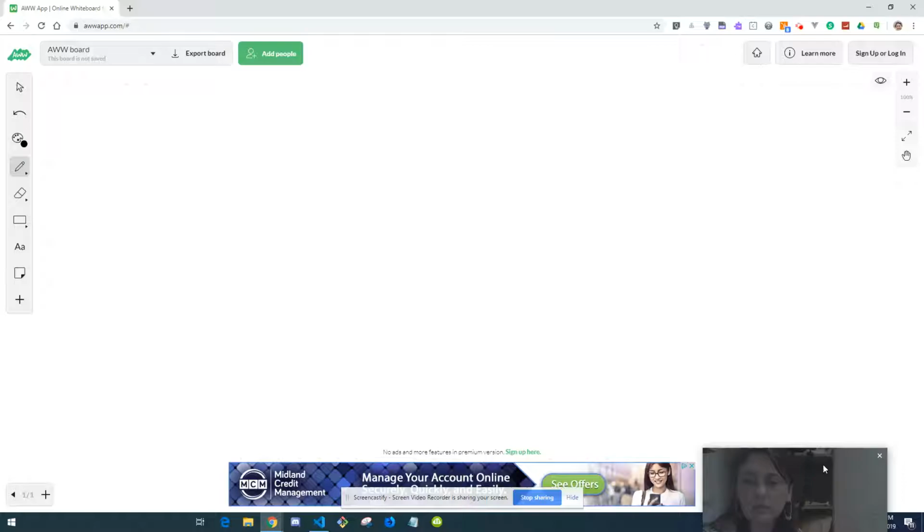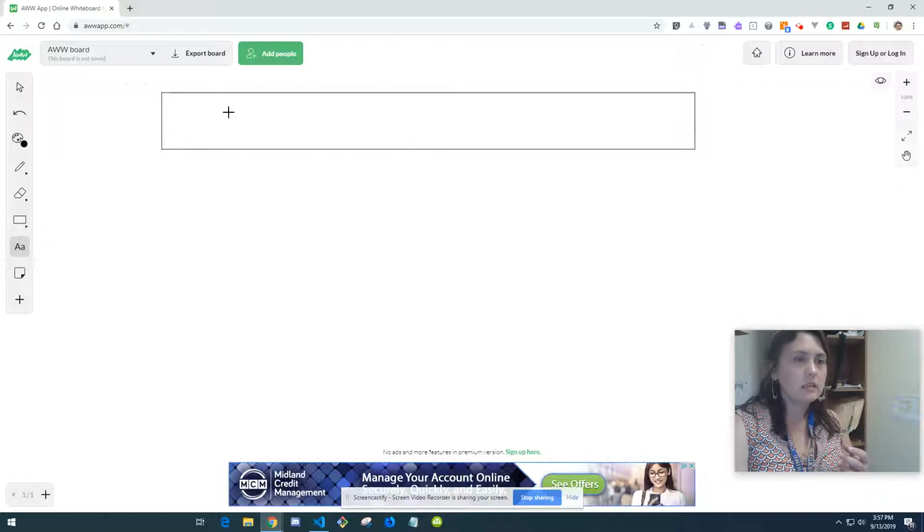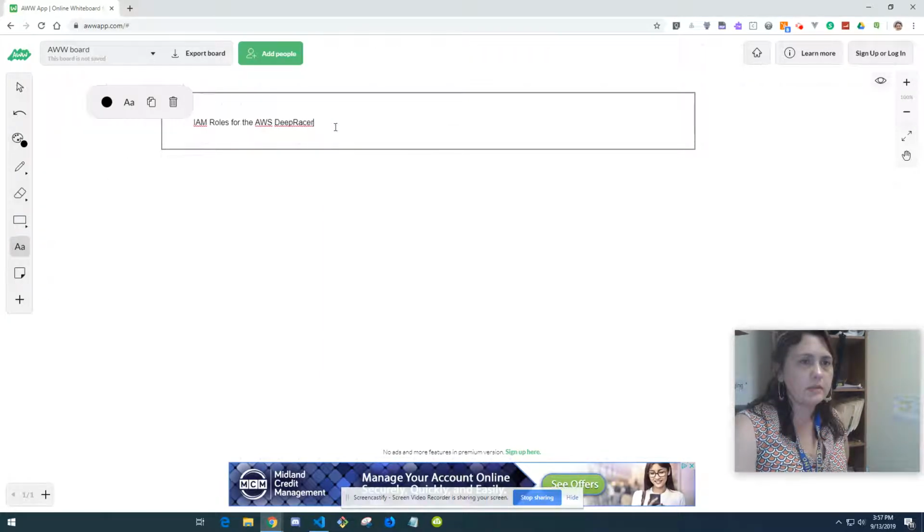Okay, that works too. So what we're going to be talking about is IAM roles for AWS DeepRacer. So I can make that bigger. Okay, this is fine.